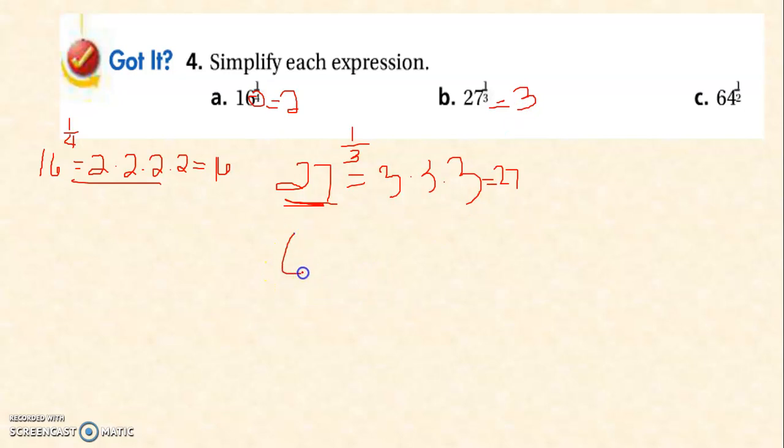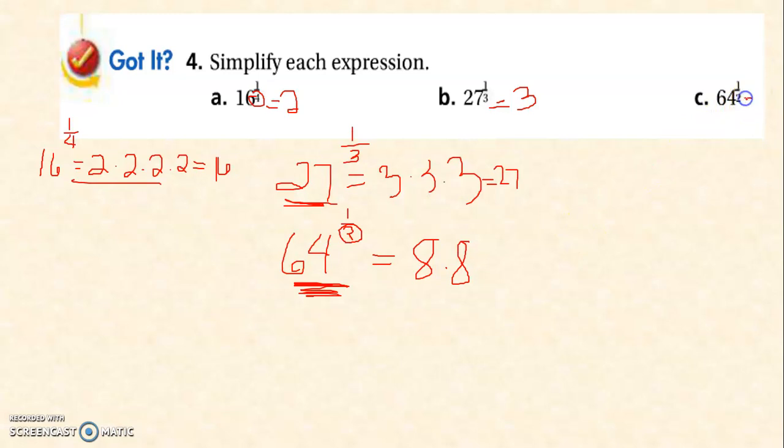The next one, 64 raised to 1/2. Our denominator is 2. Can you give me a number wherein, if you're going to multiply by itself twice, the outcome is 64? Okay, very good. It is 8. Because 8 times 8 is equal to 64.